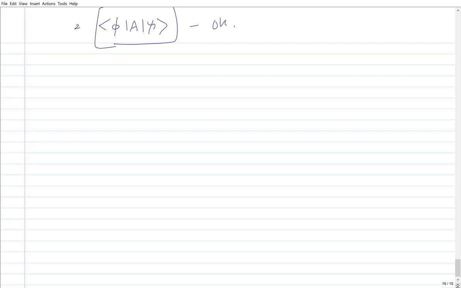Okay, so this essentially was it. I think we've come to the end of this particular class. There's one more small thing which I wanted to discuss, maybe we'll take it up next time: the simultaneous eigenvectors theorem.